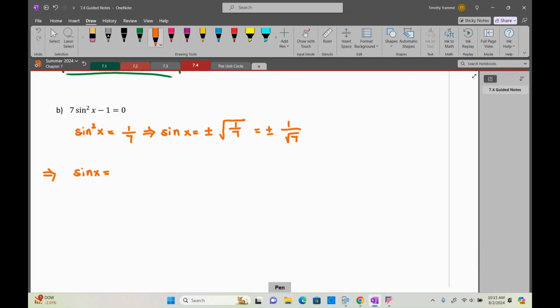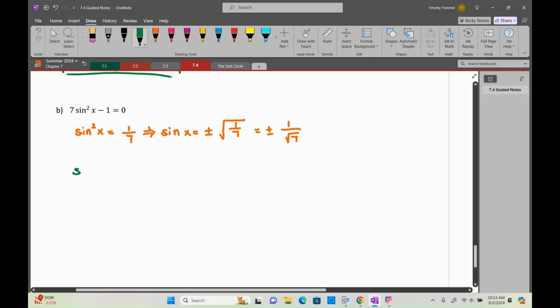So yeah, this is going to give us two situations here. Let's write it like this. Let's say sine of x is equal to the positive 1 over the square root of 7. And the other one is equal to minus 1 over the square root of 7.